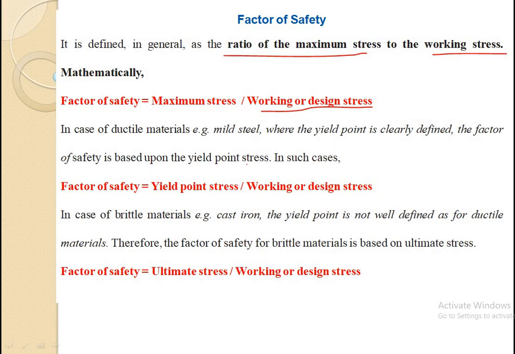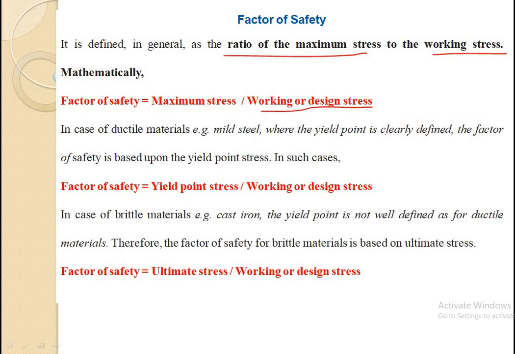We have studied the stress strain diagram. In case of ductile materials, like mild steel, the yield point is clearly defined. In case of ductile materials like mild steel, aluminium, copper, before actual breaking of the element, we can see a small amount of neck formation. That is the yielding.